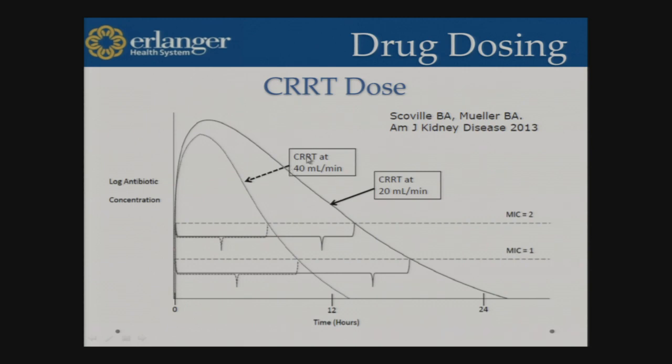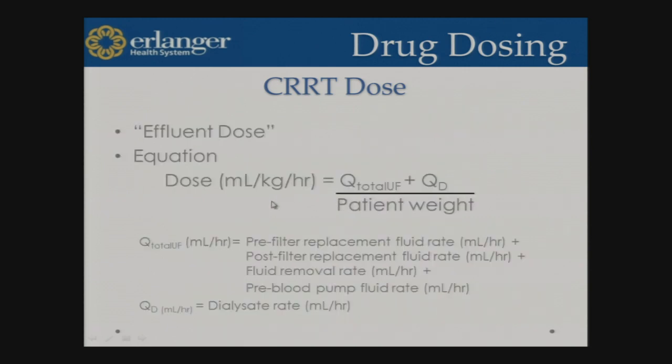So when I'm talking about CRT dose, what am I talking about? You'll hear the term effluent dose, and that's what's going to read on your CRT machine. There's an equation that you can use to calculate this, but again, this is also provided on your CRT machine screen, so you can look at that if you don't want to do the math.